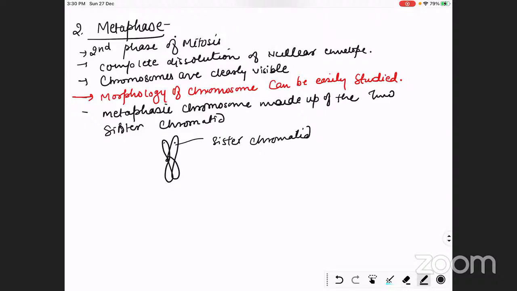Now I told you earlier that this is the centromere, and the centromere has the kinetochore. So this is the place where spindle fibers come and attach; it provides attachment to the spindle fiber.